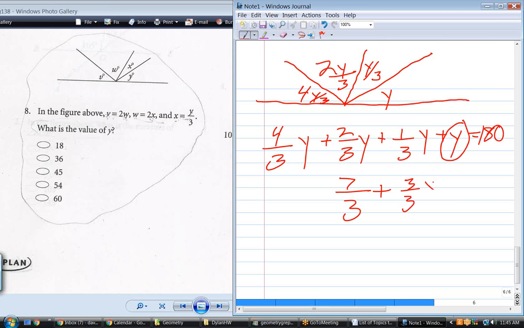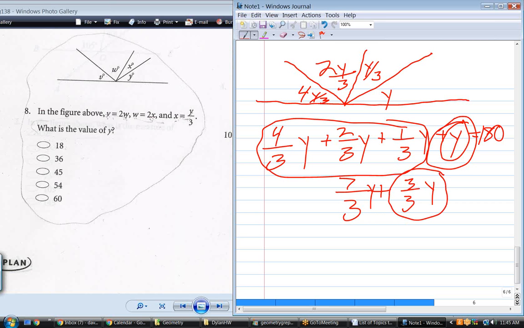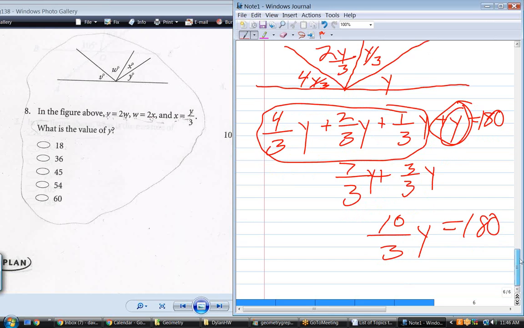If we find a common denominator, we're adding these 3 to this one. 7/3 doesn't add to 1, but it does add to 3/3. So it'd be 10 thirds. Notice that's the same as this; I have not changed its value. 3/3 y is the same as y. So it's 10/3 y equals 180.